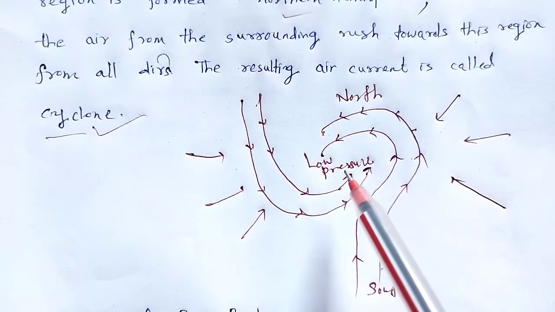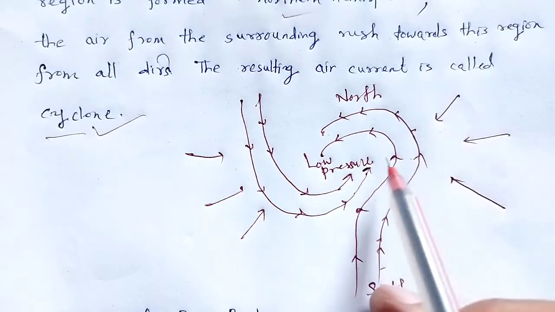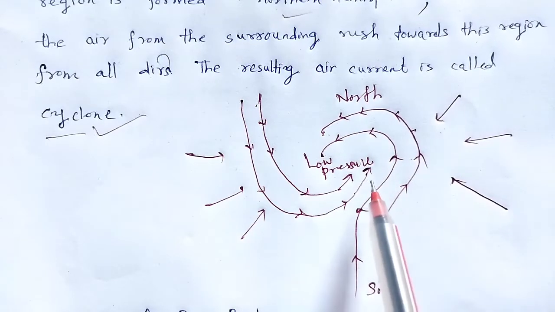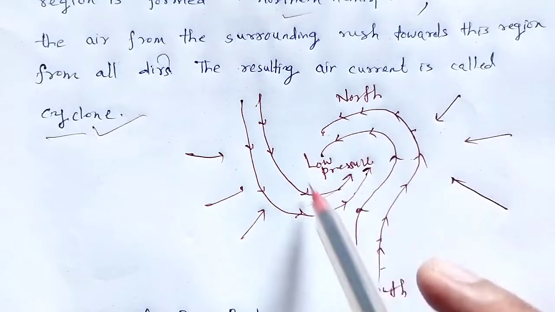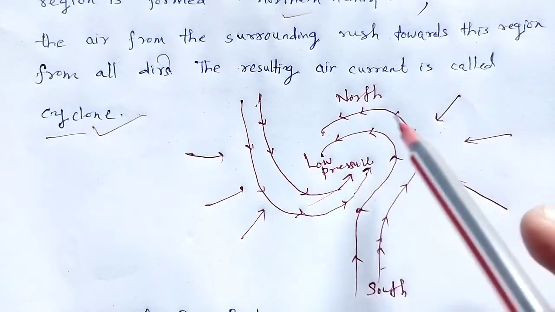Due to the Coriolis force, the air will be deflected to the right, which causes an anti-clockwise rotation. There will be anti-clockwise rotation around the low pressure zone.